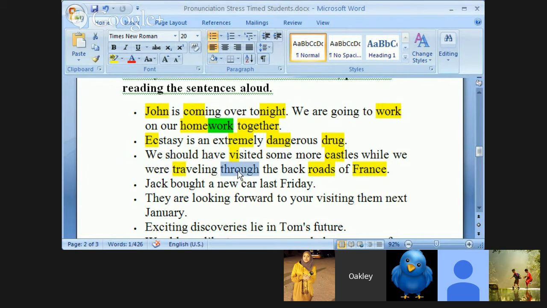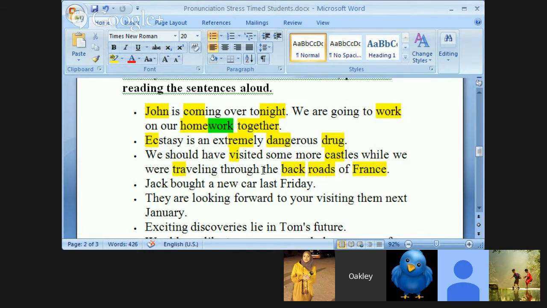I guess it's a preposition here, right? So it's not a content word. We should have visited some more castles while we were traveling through the back roads of France. Okay, and back here, now you got a little tricky here. This back can be a preposition, but here it's being used as an adjective, right? So this is actually one we missed.